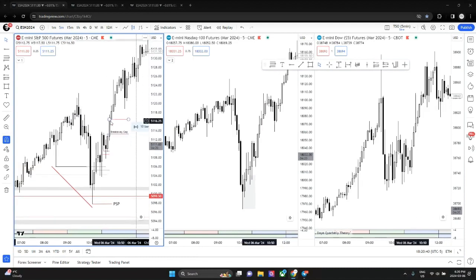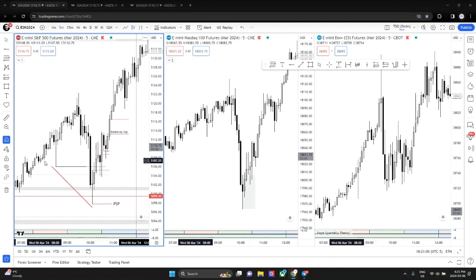So right here, you guys can see this is a breakaway gap. And when do breakaway gaps form? Breakaway gaps form, most times, after a fair value gap gets filled to the brim. So when a fair value gap is completely filled, you usually have explosive price action afterwards.